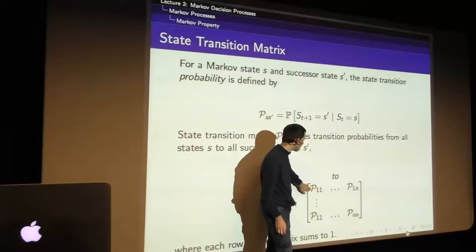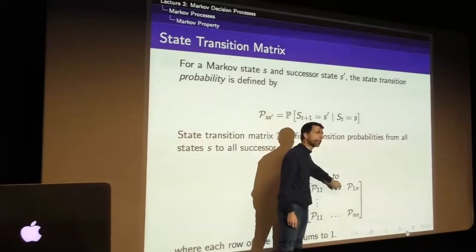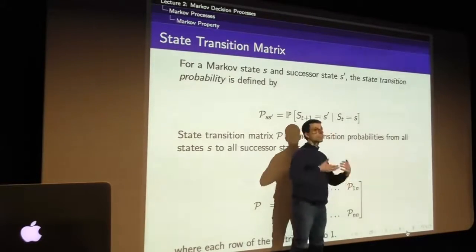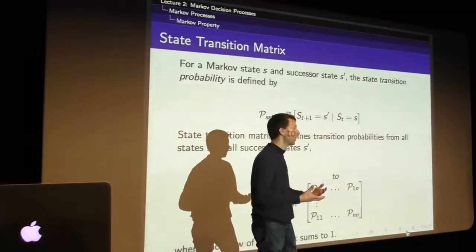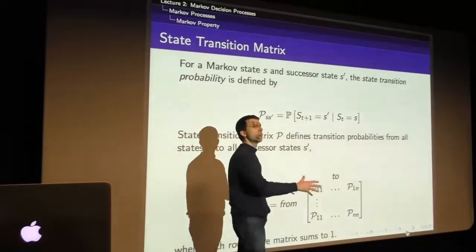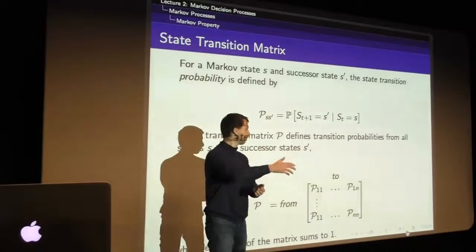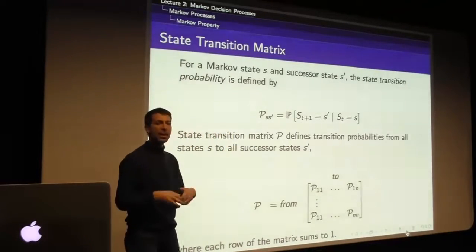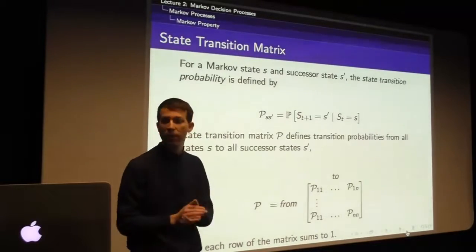So if I start in state 1, this tells me the probability that I'll end up in state 1 here, state 2 here, state 3 here, all the way up to n states here. So each row of this completely characterizes the transitions from one possible starting place in this Markov process. So this single matrix now gives me the complete structure to this Markov problem. It tells me from any state, how likely am I to end up in any other state. And so you can imagine now that we can follow this through multiple steps and keep sampling from this transition probabilities, and that will give us some draws from this Markov process.